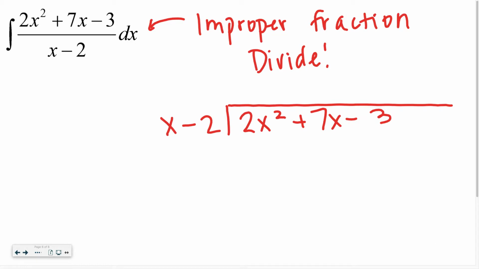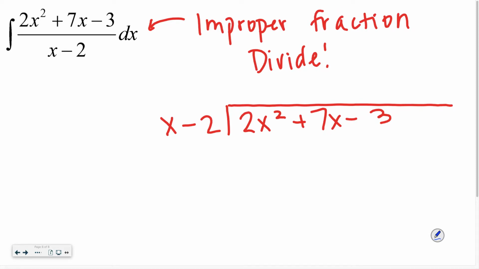Yes, it's improper because the numerator is larger. This is algebra 2, repeated in pre-calc. It's long division. Would you rather I give you an optimization problem? Yes.